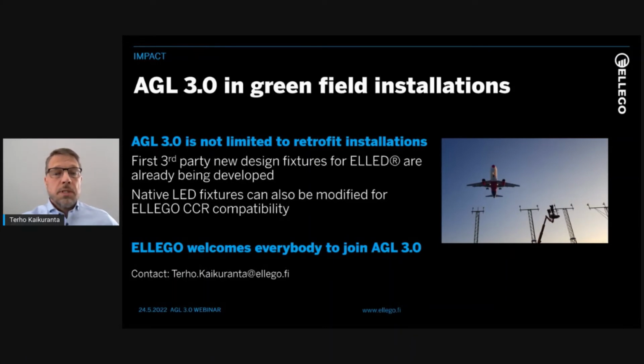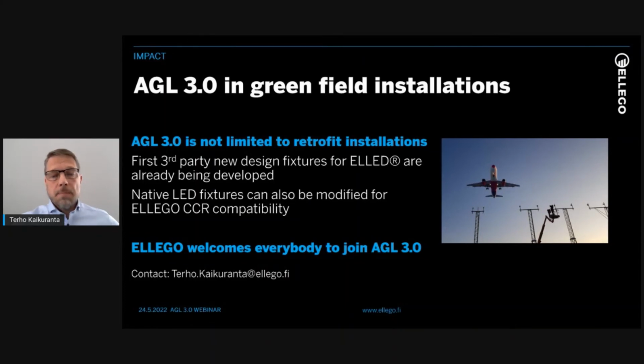So it's not limited to the new products we showed here, but other new products from other brands can also be designed. This is a new technology, so we want to give these new benefits to airports, and we also want to welcome everybody to join AGL 3.0 and make this all happen.